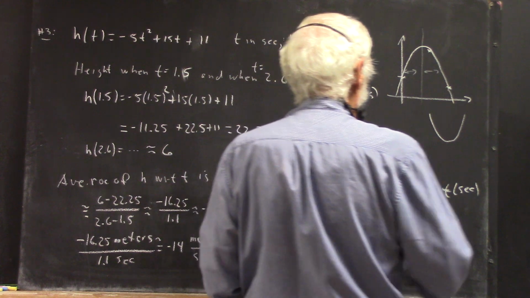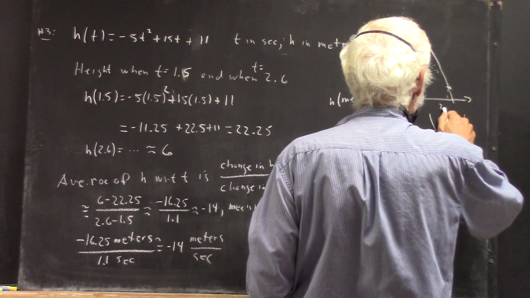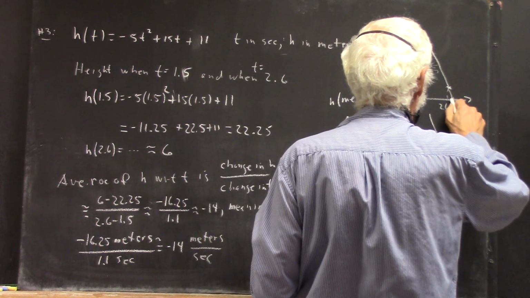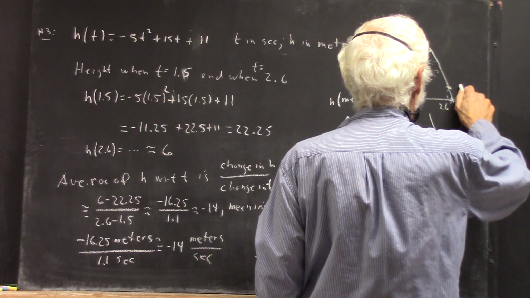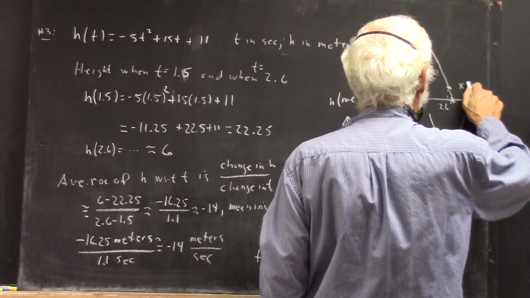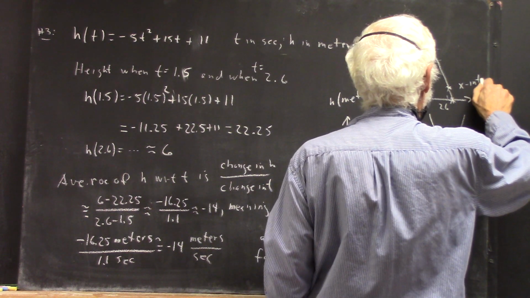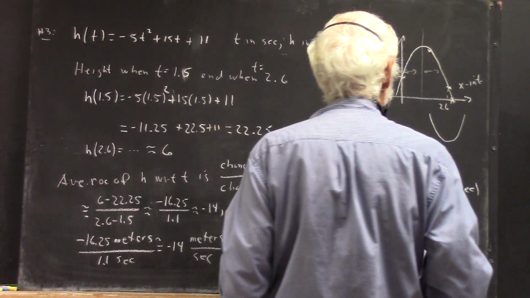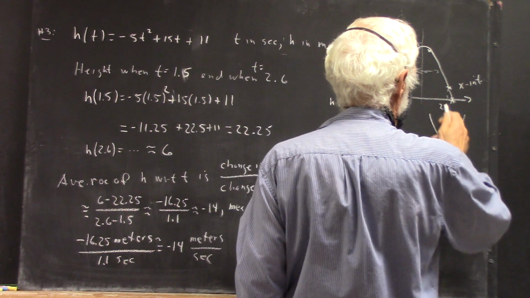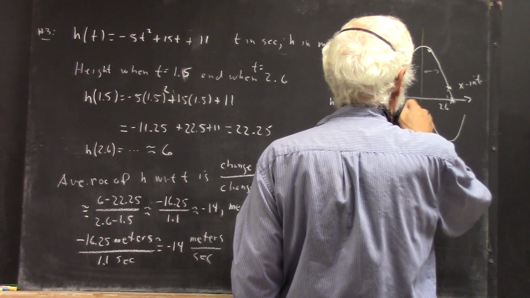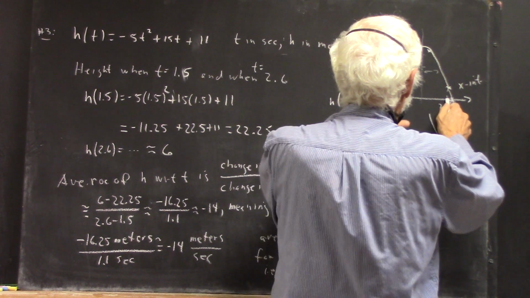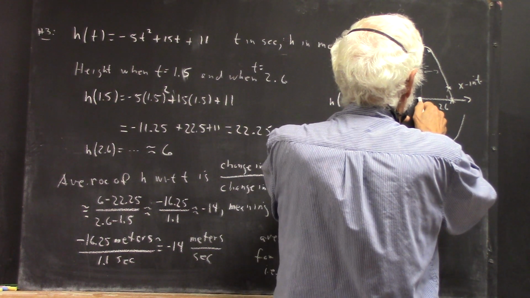The way I've drawn it, if this is 2.6, we might say the x-intercept would be, what do you think? This is 0 and this is 2.6, and one unit would be about this far.